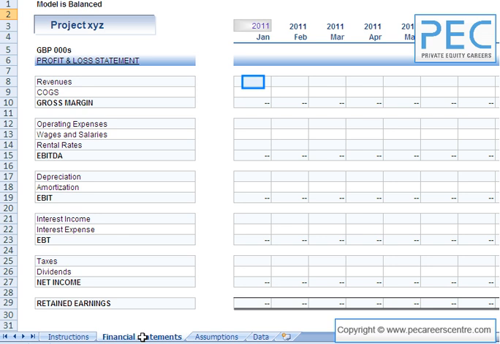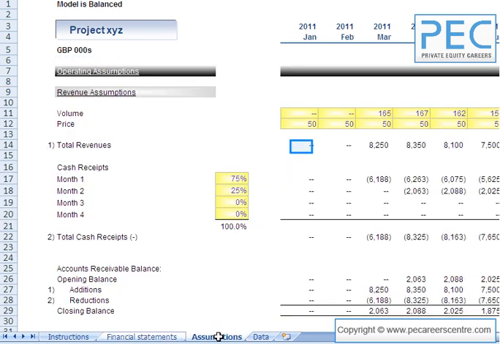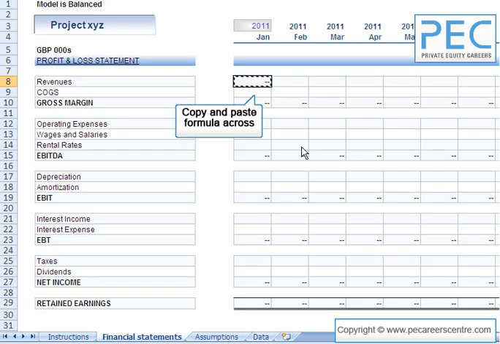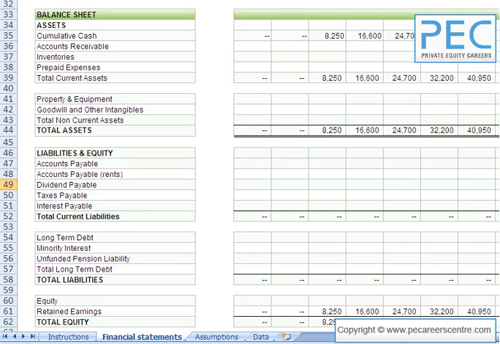Let's link the revenues first. Now scroll down to the balance sheet and link the accounts receivable.